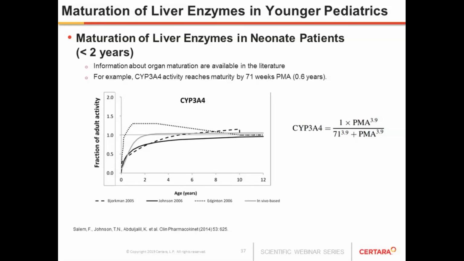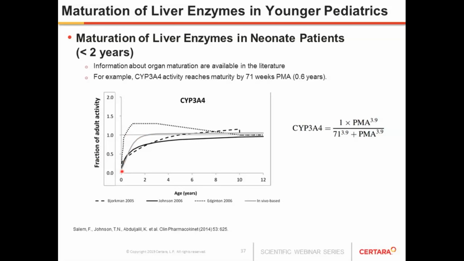This plot compares data from different published papers, and the best fit to the CYP3A4 data was shown to be described by a monotonic increase in enzyme activity up to adult value levels by 71 weeks of postmenstrual age, which is almost 7 months, and is described by the equation we have to the right.